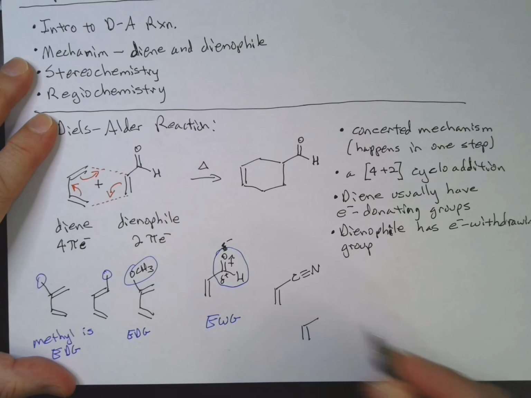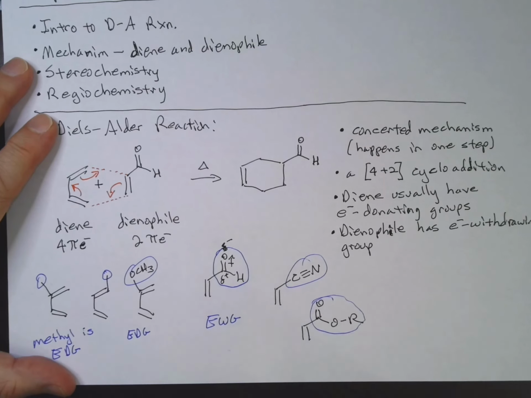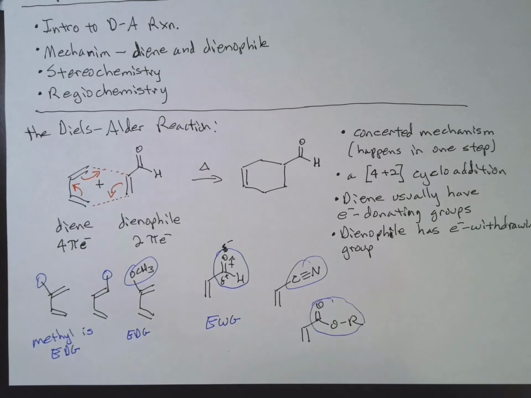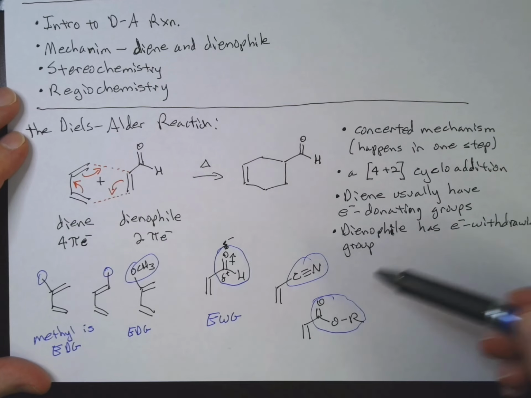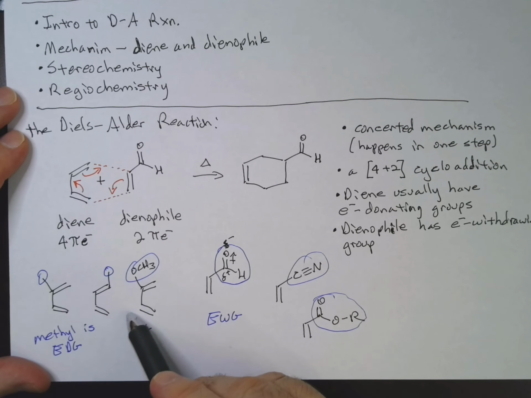What else could we have? We could have esters, OR, a variety of things. These are all electron withdrawing groups. So it's important that your dienophile has an electron withdrawing group, and having an electron donating group on the diene can be helpful. It can make the reaction more likely.